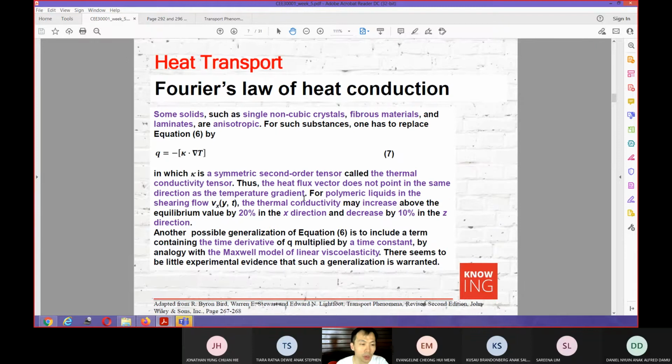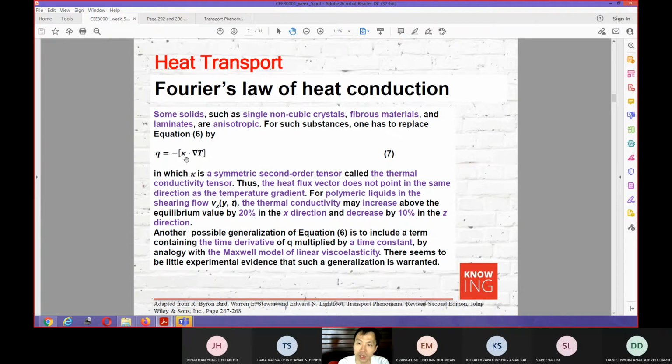In some cases where this is not true, for example, the thermal conductivity in the y direction will be higher than the thermal conductivity in the x direction, or the thermal conductivity in the z direction will be higher than in the x direction, then we can express it in terms of equation 7.